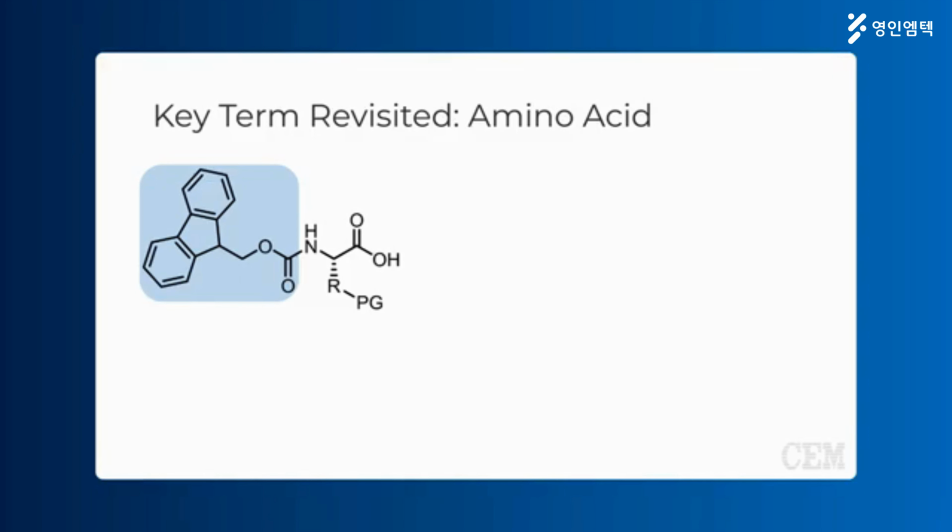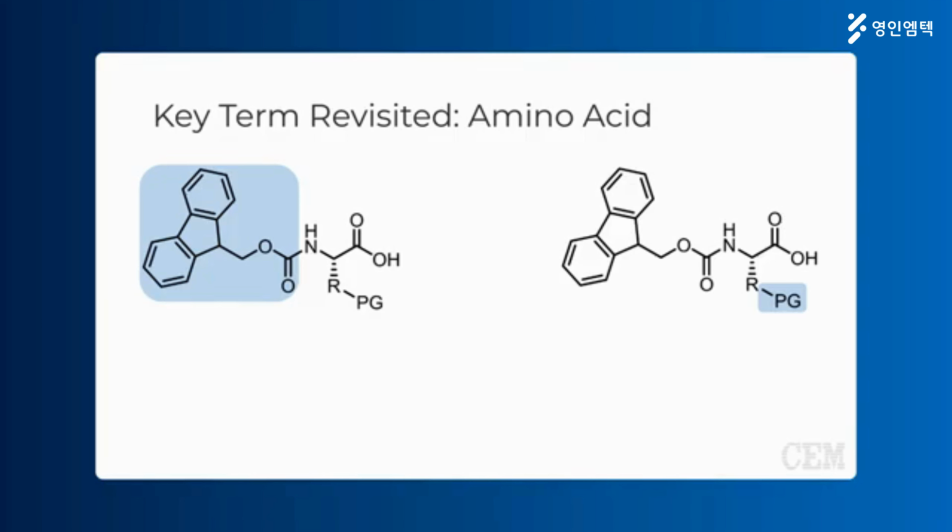Additionally, some amino acid R groups have functionality requiring protection from unwanted side reactions. While these protecting groups, PG, are stable throughout the duration of an entire peptide synthesis, they are easily removed once synthesis is complete. For the remainder of this segment, we will use this simplified depiction of an amino acid and its, if relevant, protecting groups.